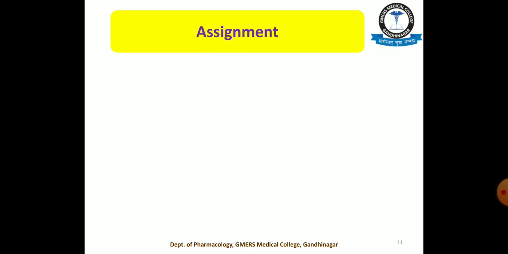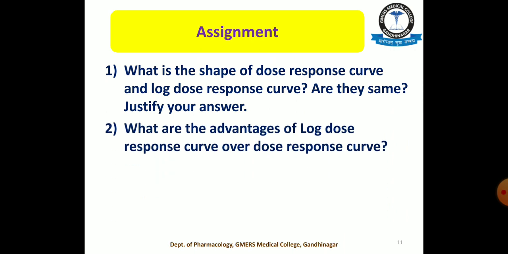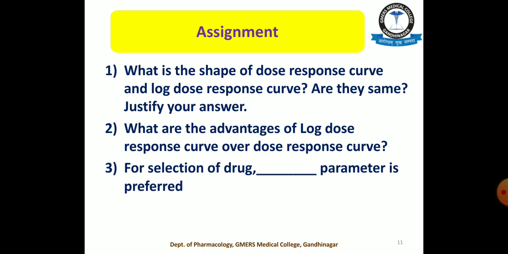Now the assignment for today's class is, what is the shape of dose response curve and log dose response curve, and are they the same? Justify your answer. Then what are the advantages of log dose response curve over dose response curve? For the selection of the drug, which parameter is preferred?